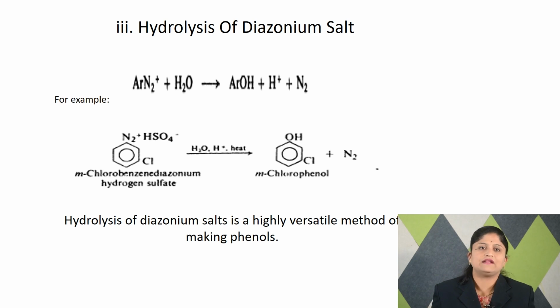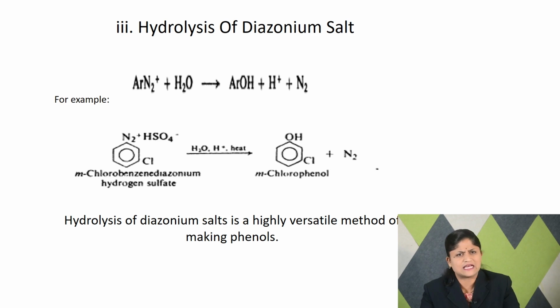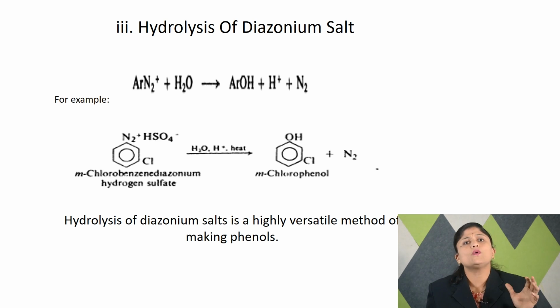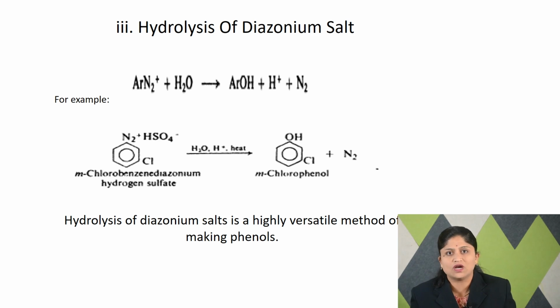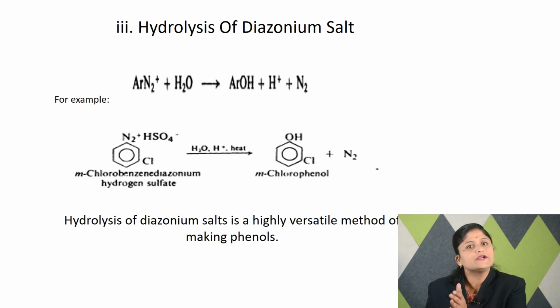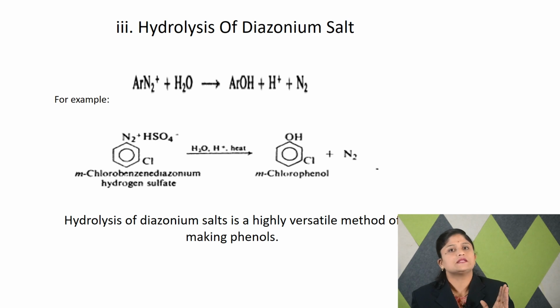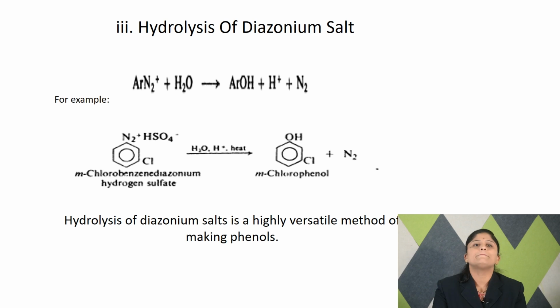So for example, for the formation of a phenol derivative, we can use a chlorobenzene diazonium sulfate salt. When it undergoes the hydrolytic procedure in the presence of mineral acid and water, we produce a substituted phenol derivative, that is metachlorophenol.